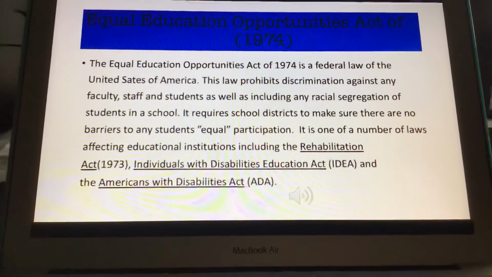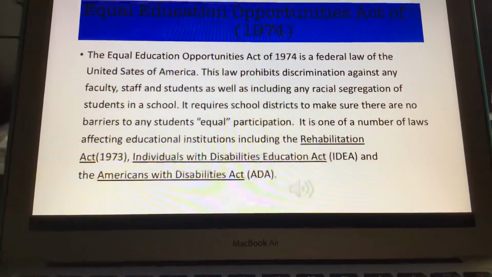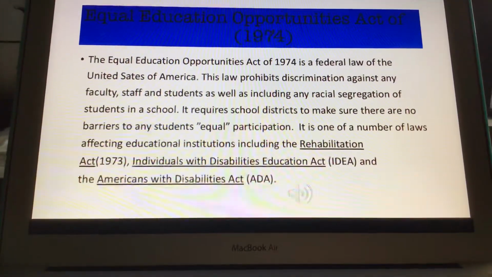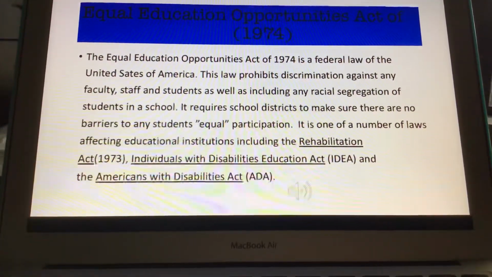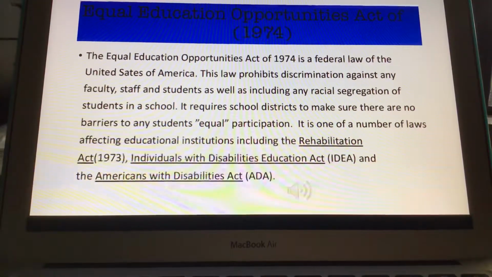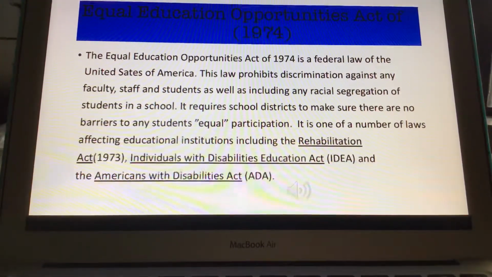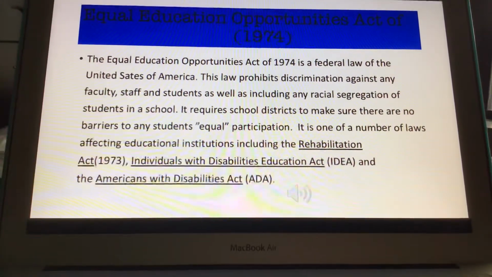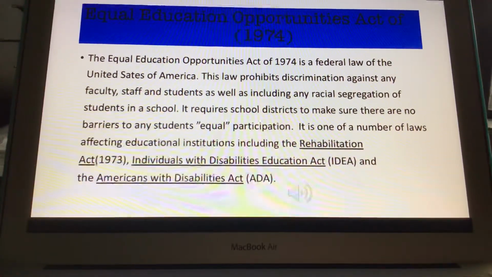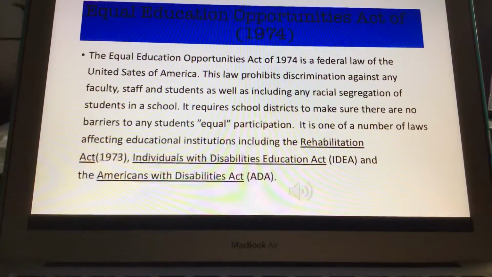The Equal Education Opportunities Act of 1974 is a federal law of the United States of America. This law prohibits discrimination against any faculty, staff, and students, as well as including any racial segregation of students in a school.